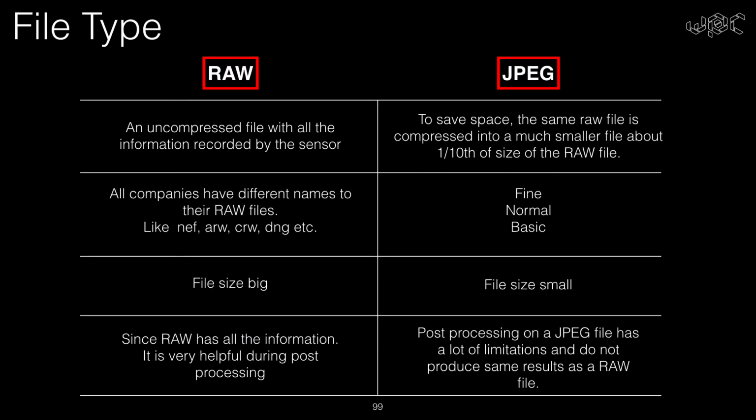So, to summarize the differences between a RAW and a JPEG file, a RAW file is an uncompressed file with all the information recorded by the sensor, and JPEG is the compressed version of the same file. There are different types of RAW files, but all JPEGs are the same. Only difference is in the compression ratio.